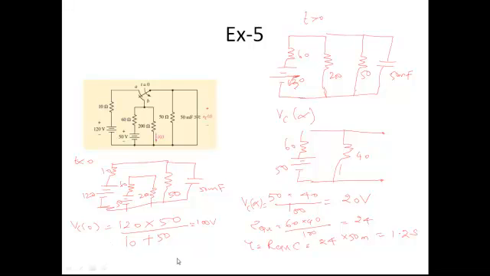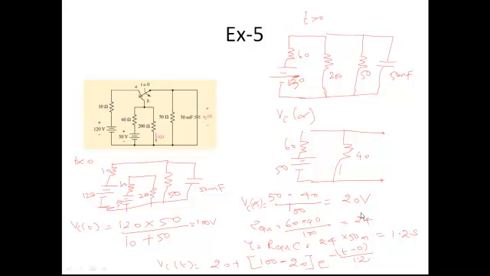Now you can find Vc of t, which is Vc of infinity, 20 volts, plus Vc of 0, which is 100 volts, minus Vc of infinity, which is 20 volts, into e power minus (t minus 0) divided by tau, which is 1.2. This is the answer. Okay, you can simplify this answer later. This will give you 20 plus 80 times e power minus t divided by 1.2.